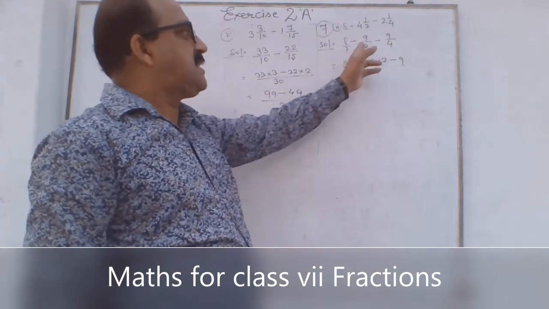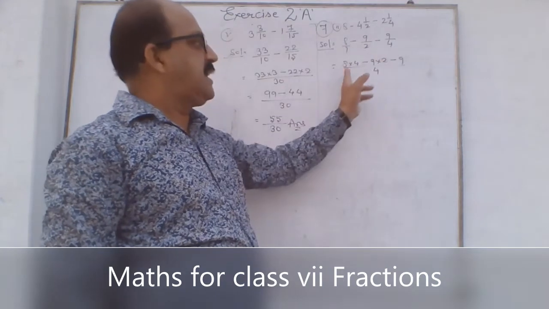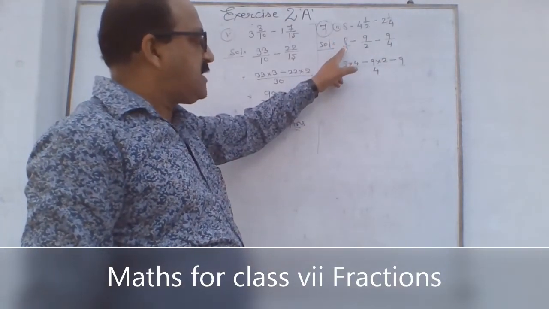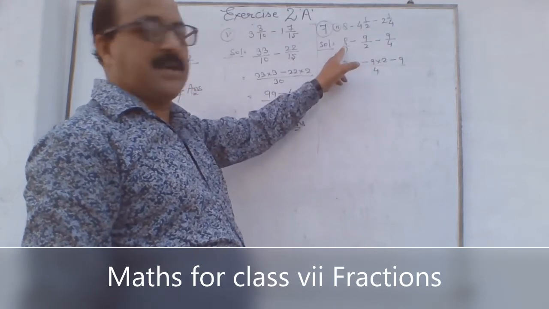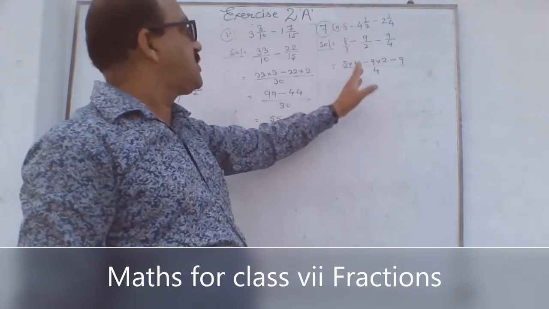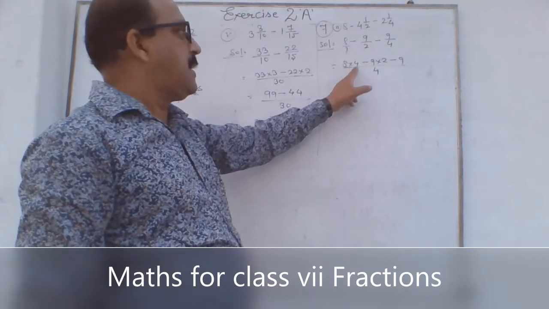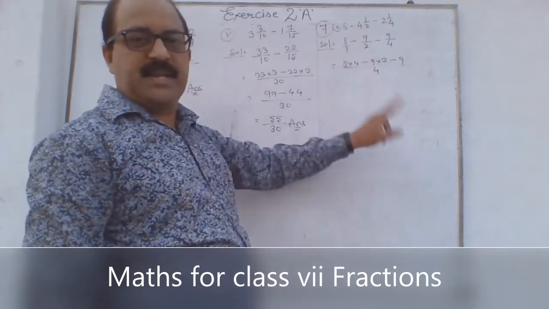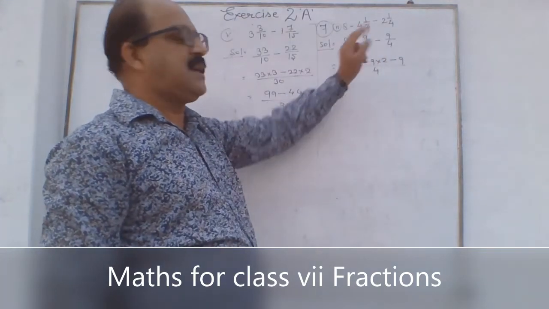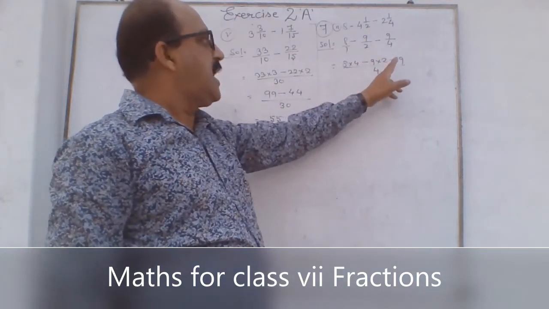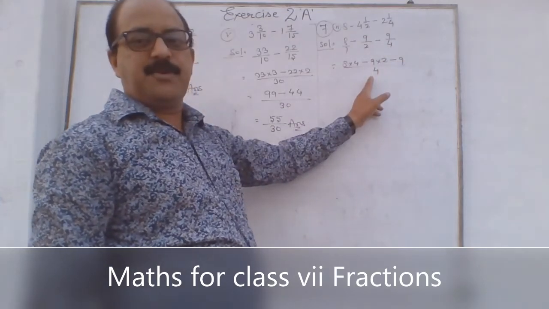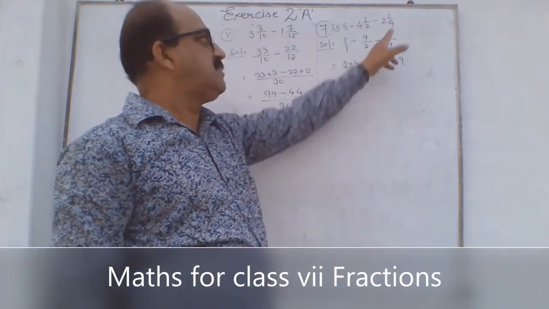So take the LCM of 1, 2 and 4, we get the LCM is 4. 4 divided by 1, we get the quotient 4. So 8 into 4 minus, 4 divided by 2, we get 2. 2 will be multiplied here by 9. So 9 into 2 and minus, 4 divided by 4, we get 1. 1 will be multiplied here by 9.